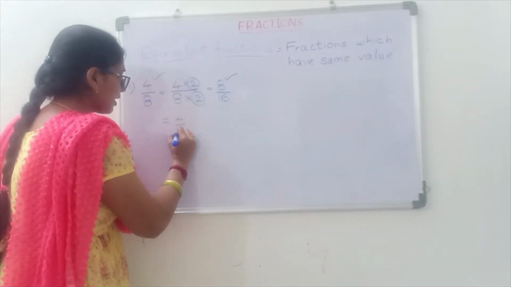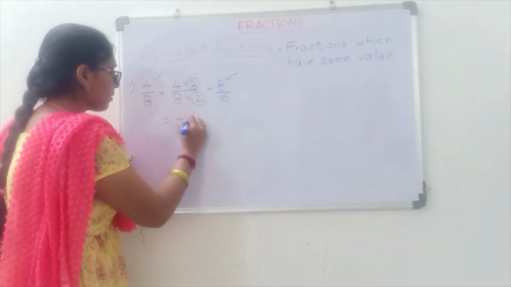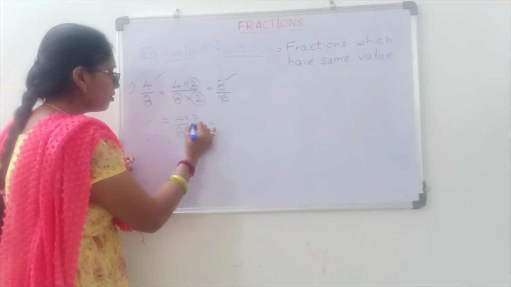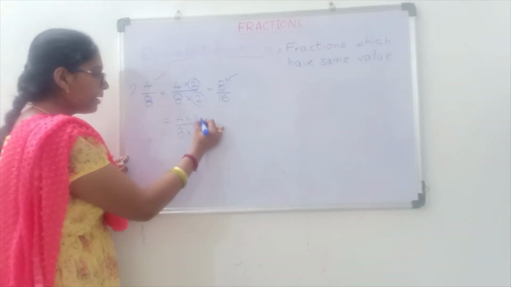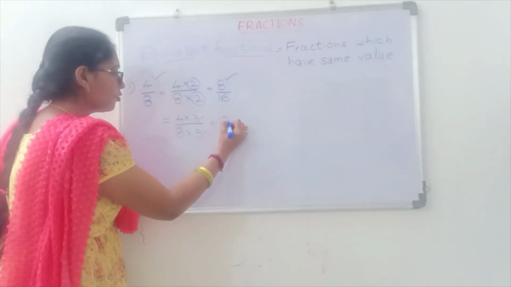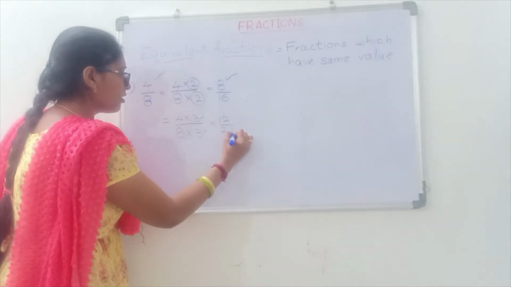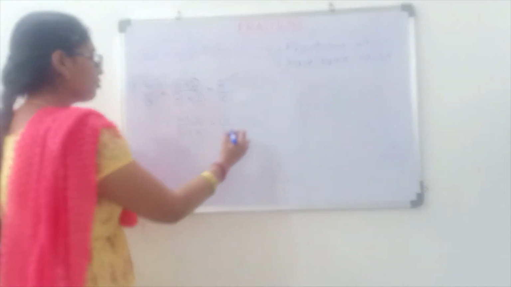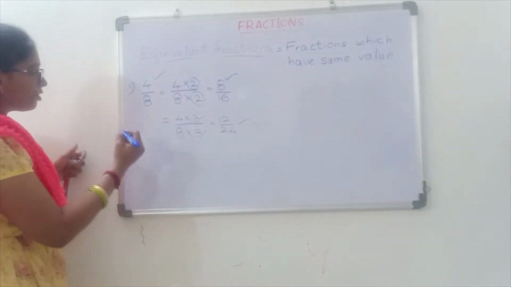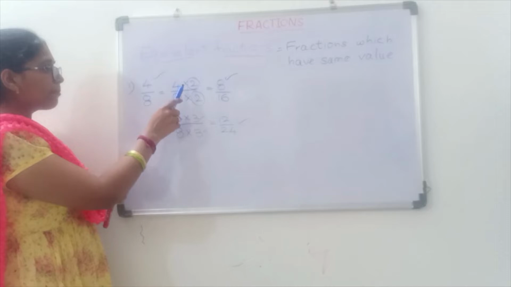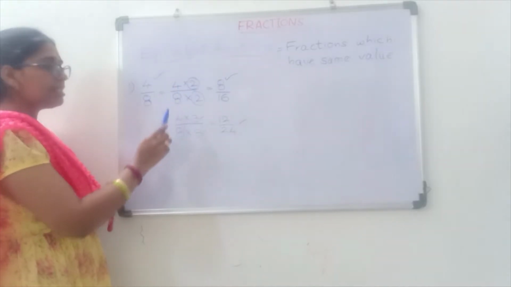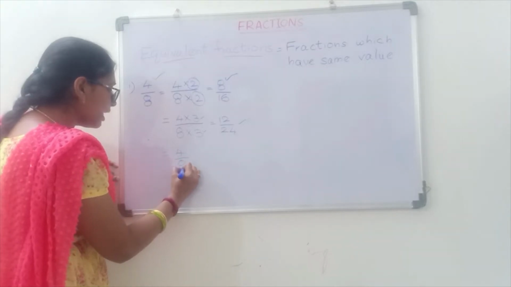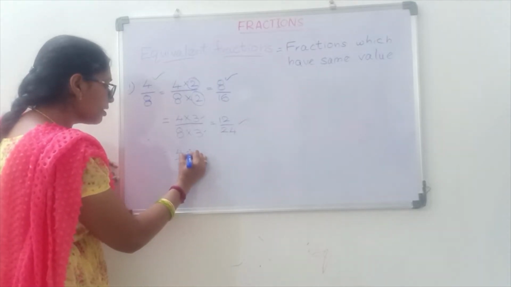Let us do again. Now let us multiply both numerator and denominator by number 3. 4 into 3 is 12. 8 into 3 is 24. So another equivalent fraction for 4 by 8 is 12 by 24. And there is another way. One way is to multiply both numerator and denominator by same number. Another way is we can divide both numerator and denominator by same number.